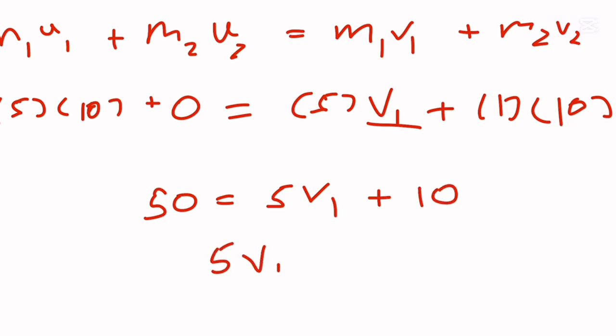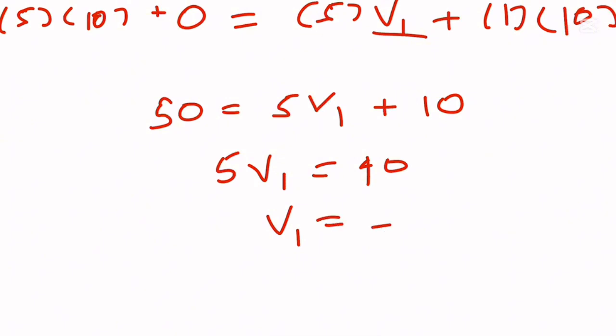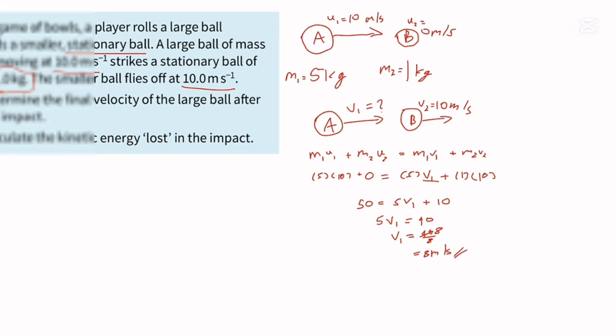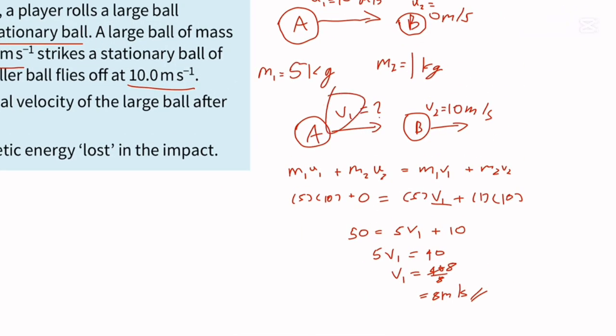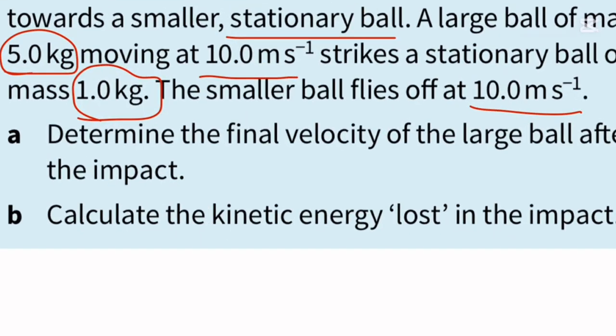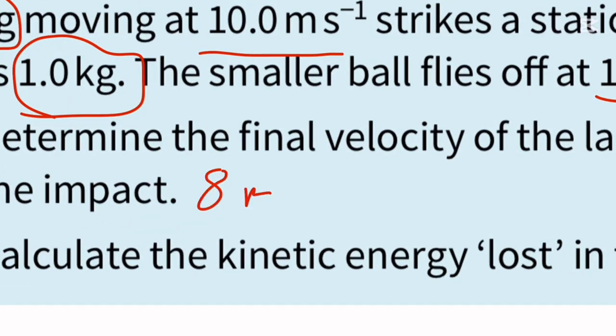So 5 V1 equals 40. So this is gonna be 40 over 5, which is gonna be 8. So V1 will move at 8 meters per second.